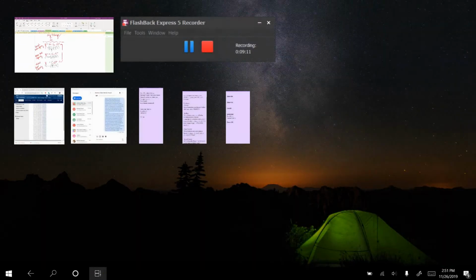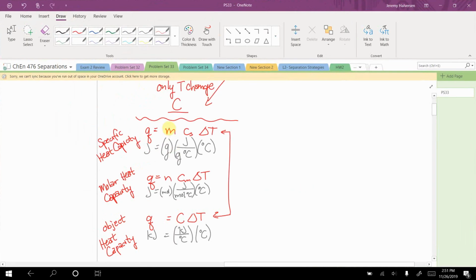And so because it has a set mass, I don't need to specify the mass. I could essentially multiply the heat capacity, or the specific heat capacity, and the mass together, and that gives me a big C, right? And so again, this is pretty much the exact same equation as this one on top, except that I don't have a mass there because I know the mass of my object. It's not going to change.